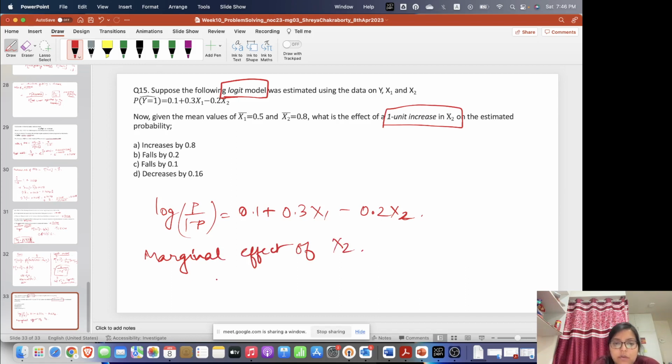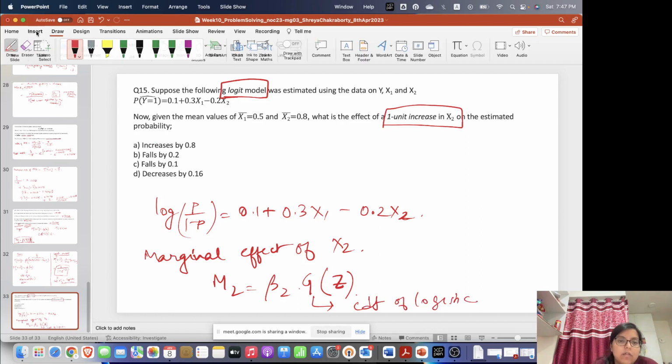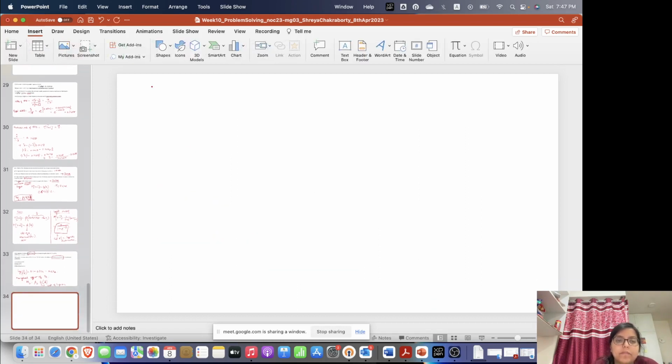How do we find it? m2 equals beta 2 into g of z, where g is the CDF of the logistic. So if we write it down, marginal effect 2 will be beta 2 into 1 by 1 plus e to the power minus the estimated equation.